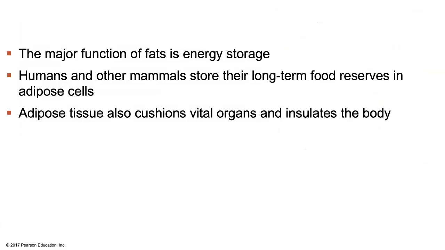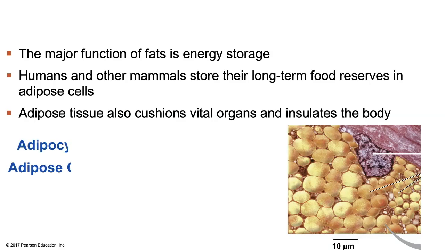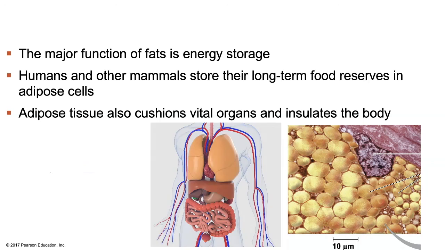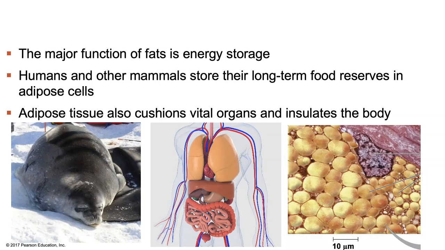Our bodies use fats as a mode of energy storage. We have these specialized cells called adipocytes or adipose cells that store lipid droplets as a source of long-term food reserves. Adipose tissue also serves a vital role as cushion for our organs and insulates to help keep us warm.